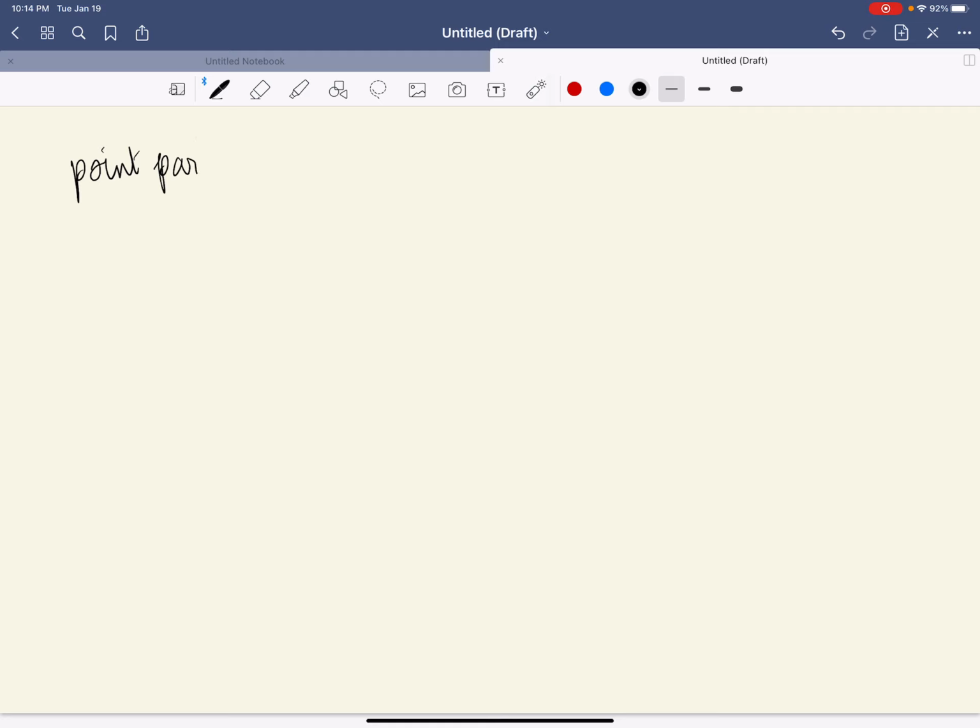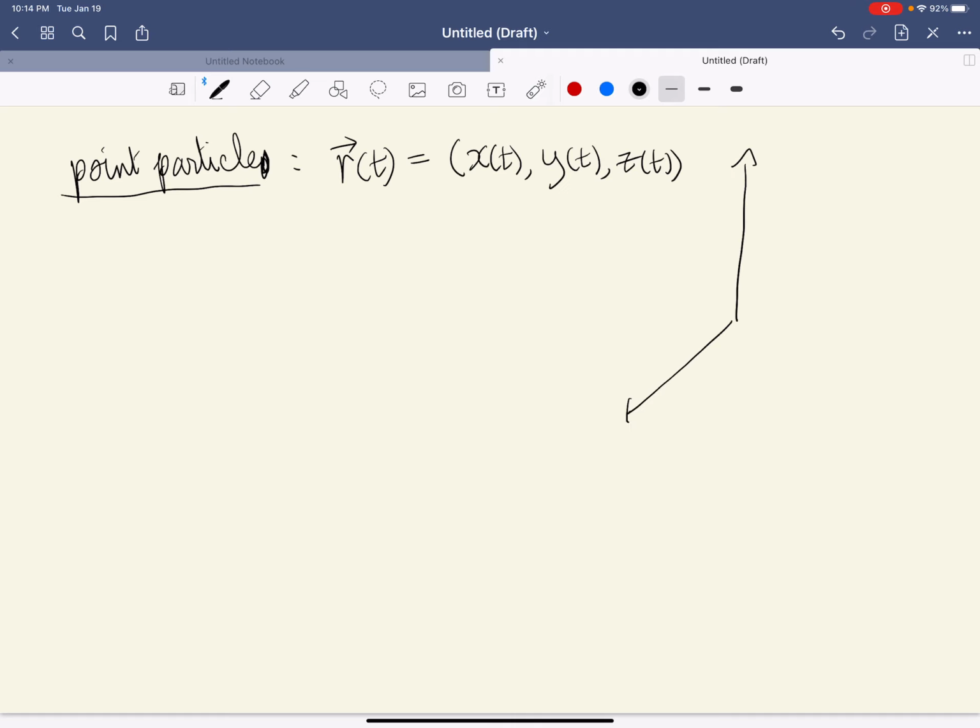In classical mechanics, basically every particle is regarded as a point. And as long as it can be regarded as a point, then its physical properties are sufficiently well described by giving out the coordinates of a point particle at any given time. Okay, so we can set up this coordinate system, x, y, and z. And somewhere in this coordinate system lies this particle.